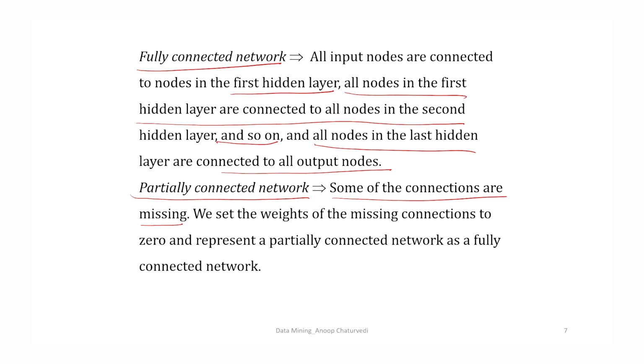Of course, if the network is partially connected, you can write it in the form of a fully connected network by setting the weights corresponding to the missing connections to 0. So, you set the missing connection weights equal to 0, and then you may represent a partially connected network as a fully connected network.